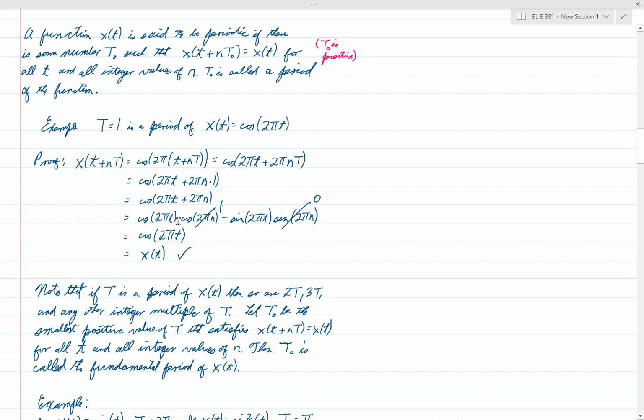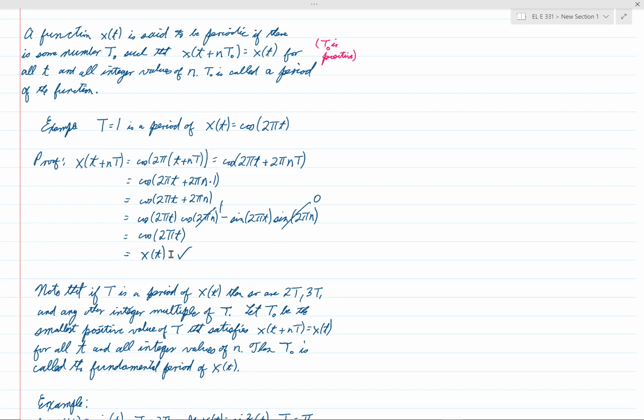So we have cosine of 2 pi t times 1 minus sine of 2 pi t times 0. So we're left with cosine of 2 pi t, which of course is just equal to x of t. So we have proven that x of little t plus n times capital T is equal to x of little t, and therefore x is a periodic function.